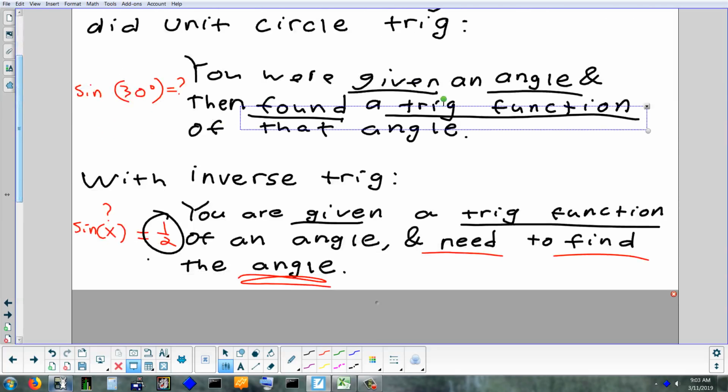Like that. 1/2. The question is going to be now to work backwards and figure out what angle am I thinking of. So if I said to you, I'm thinking of an angle, and the sine of this mystery angle is 1/2, you tell me what angle I'm thinking of. That's the kind of question you're answering this week.